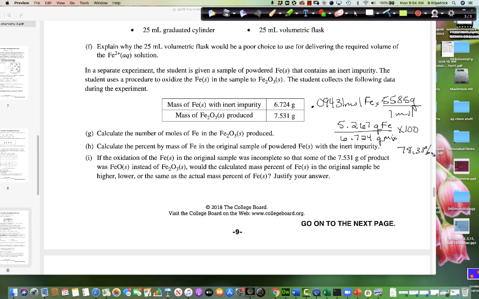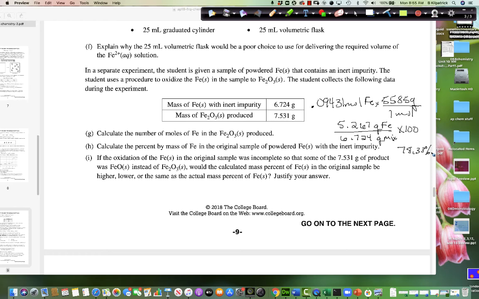All right, so let's look at the next part. If the oxidation of iron in the original sample was incomplete, so that some of the 7.531 grams of the product was FeO instead of Fe2O3, would the calculated mass percent of the original sample be higher, lower, or the same as the actual mass percent? So it's essentially asking you about a lab error.